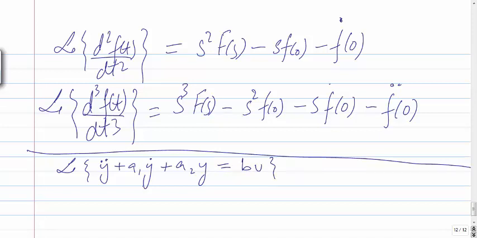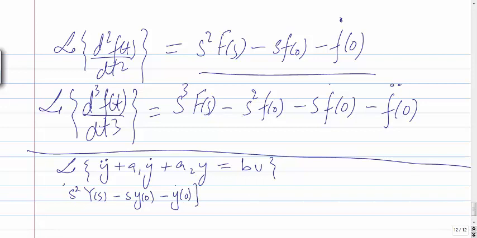If I take the Laplace on both sides, I apply the formula for the second derivative, which is given to us here. The Laplace of y double dot becomes s square Y of s, minus s y of 0 and minus y dot of 0. This is for the first term.